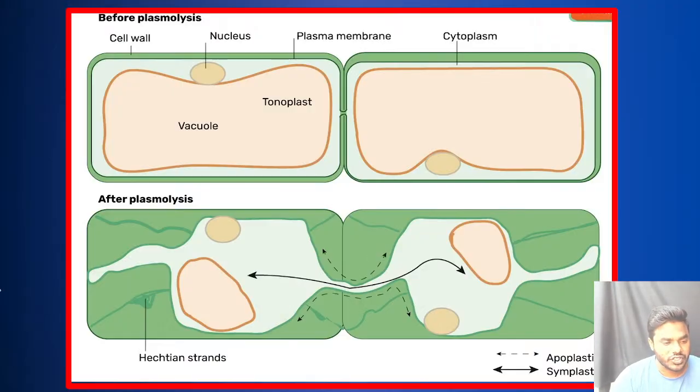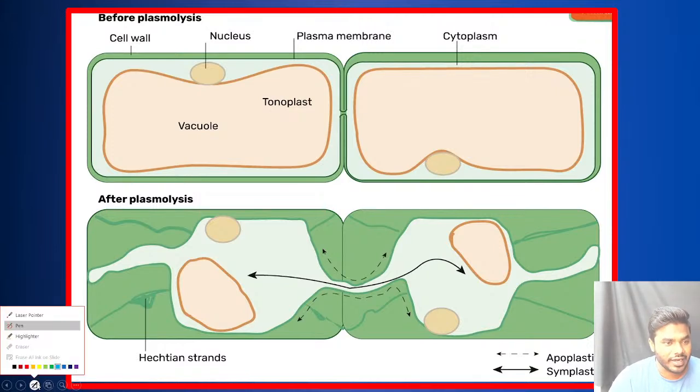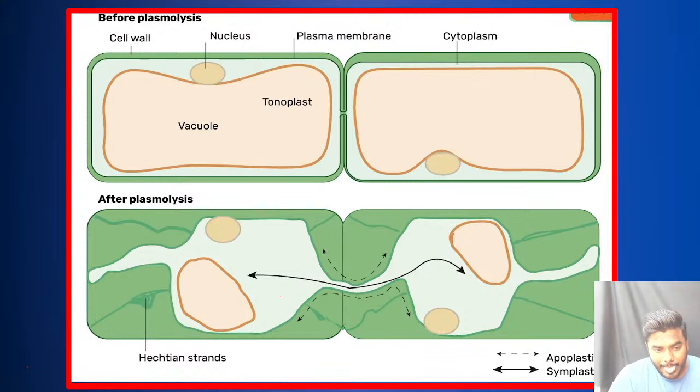So I want every student to look into this particular picture. You will get a little more clear idea. The arrow, the red color arrow, whatever I am showing. So this is cell 1, this is cell 2. Through the plasmodesmata, ions or molecules are moving.